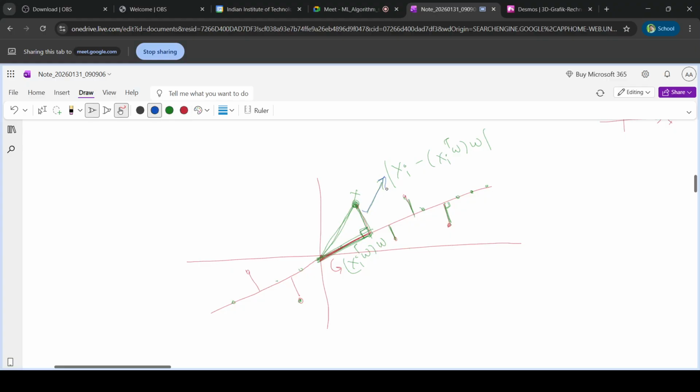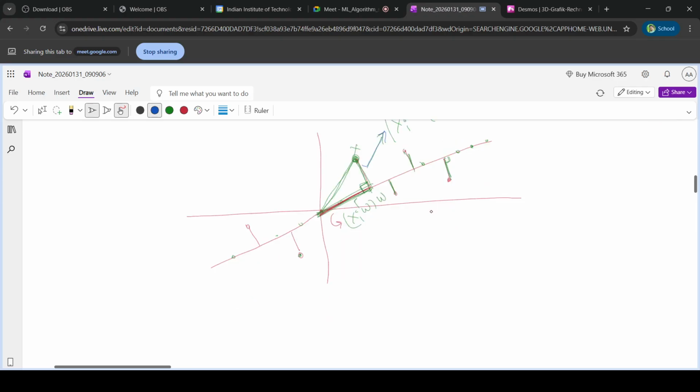So as per the Pythagoras theorem, what we know is that c square is equal to a square plus b square.